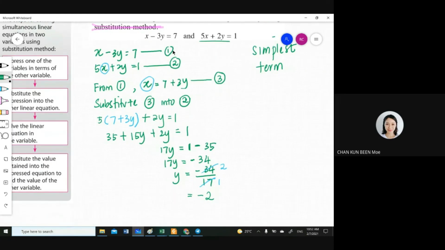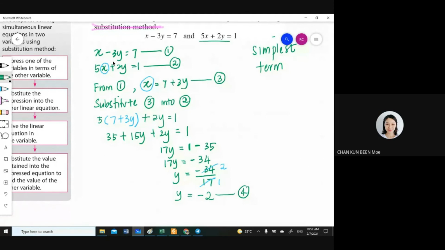After you get the answer for y, you are going to keep labeling. Our labeling just now is 1, 2, 3. The next one will be 4. You label it as 4. This is the fourth equation, meaning y is negative 2. So you have found y. Have you found x? Not yet, right? Now we are going to substitute the fourth equation into 1 or 2 or 3 to get the value of x. So I want you to observe carefully.